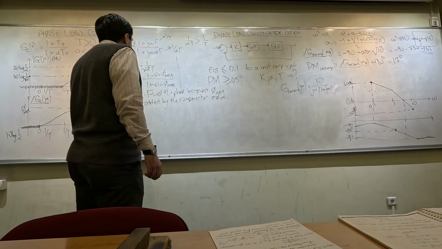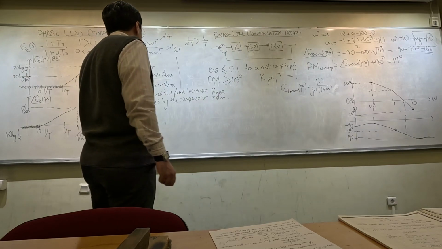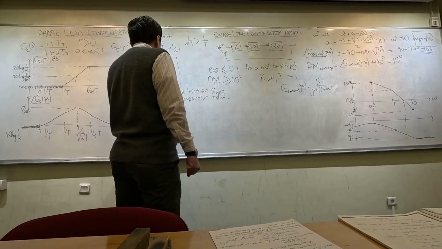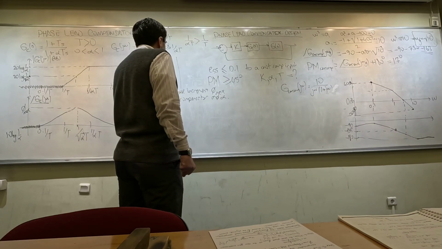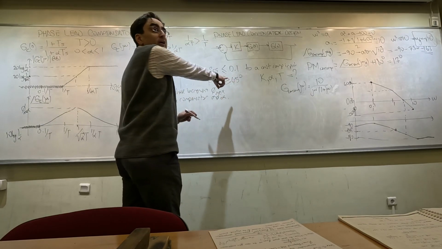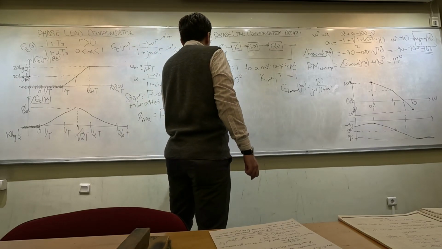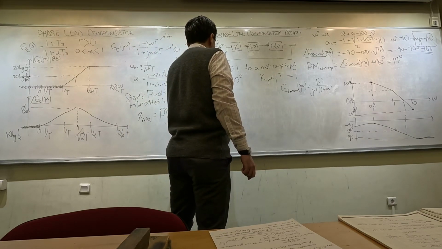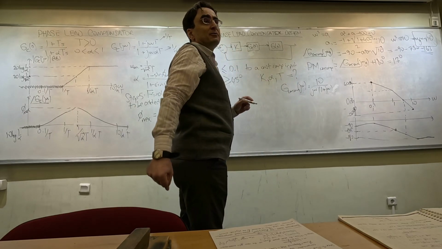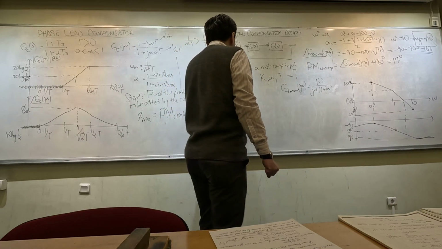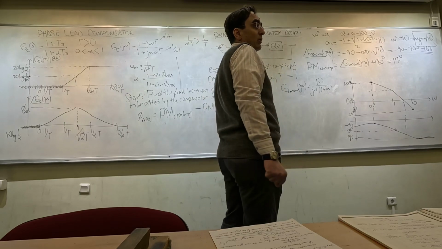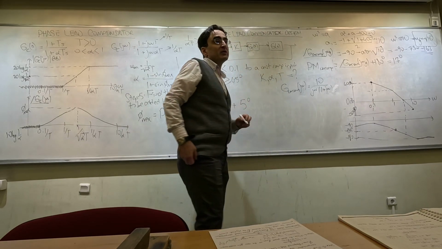So we choose this phi max as follows. Phi max is equal to the required phase margin, which is 45, minus the uncompensated phase margin, the value that we have found, which is 17, plus some error margin. So I will add here a 5 degree error margin.